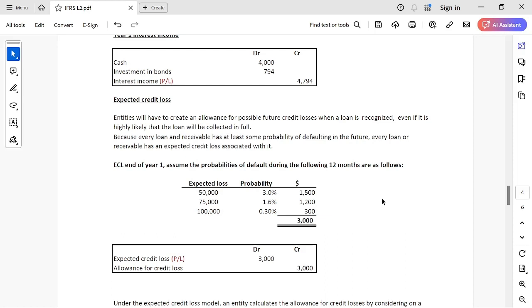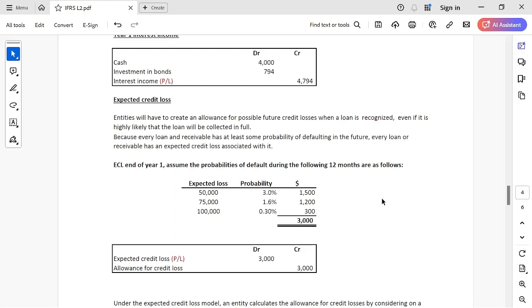Now, according to IFRS 9, you need to book this as an allowance, a debit to profit or loss, and a credit to the allowance. And you keep revising this allowance year on year, or when there is a reporting date. So you need to keep revising the amount in the allowance.